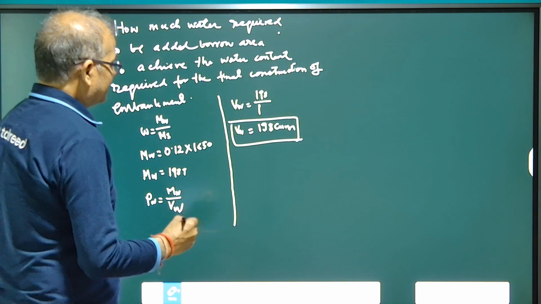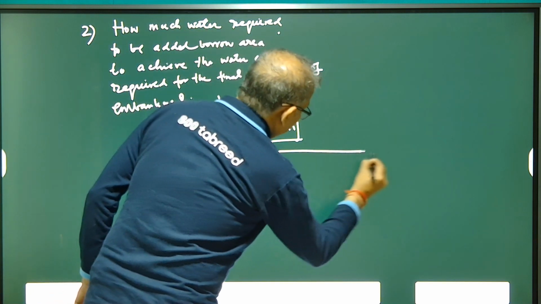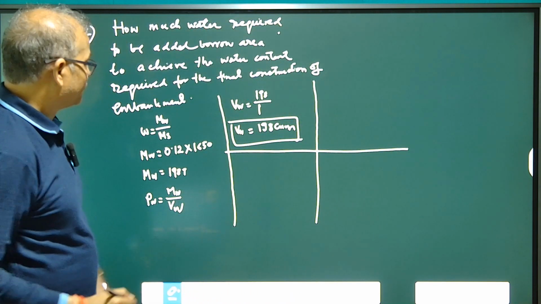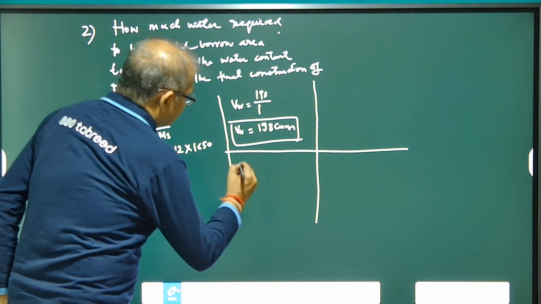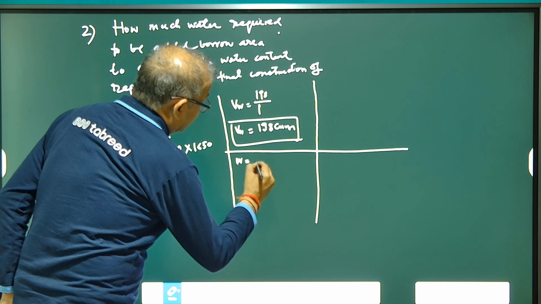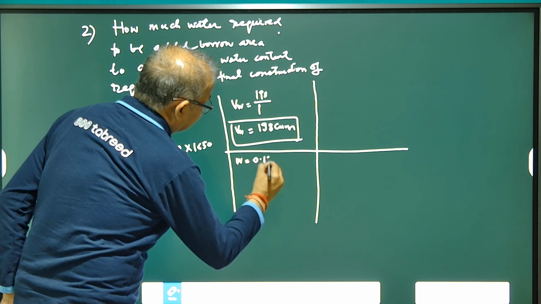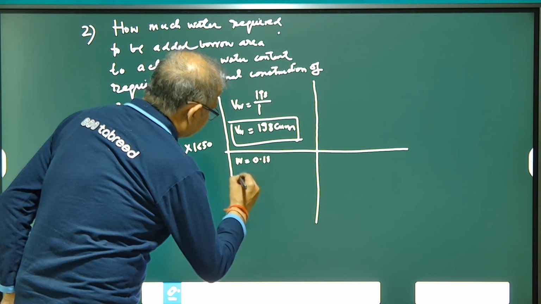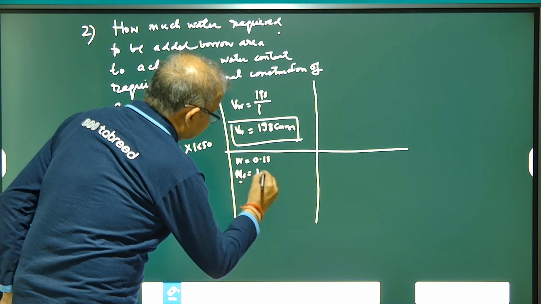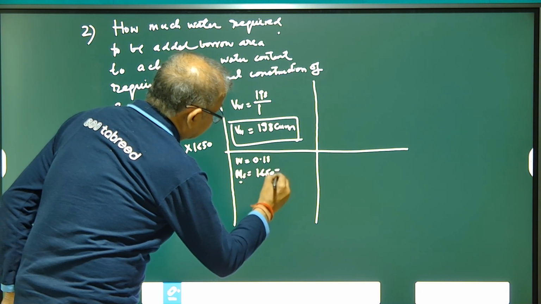Now we should determine how much water will be required to get OMC of 0.18. So water content of embankment is 0.18 and mass of solid is 1650 tons.